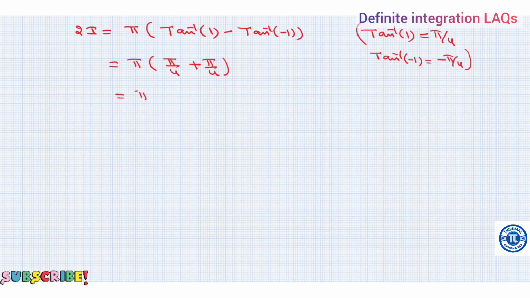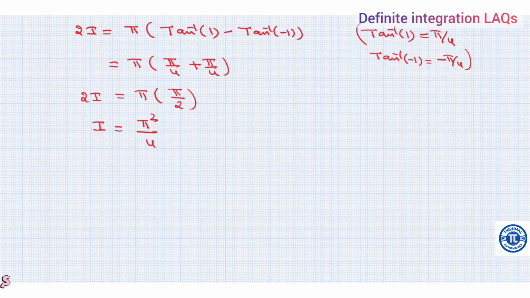so it is equal to pi into 45 plus 45 is 90, that is pi by 2. So 2I equal to pi into pi by 2, then I equal to pi into pi is pi square, 2 twos are 4, so I equal to pi square by 4.